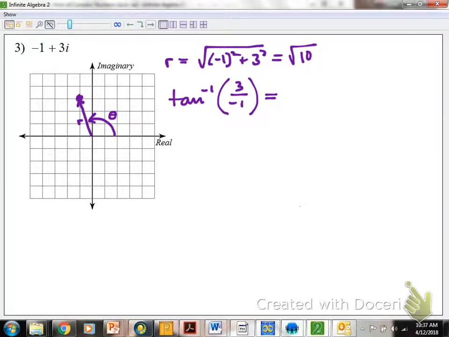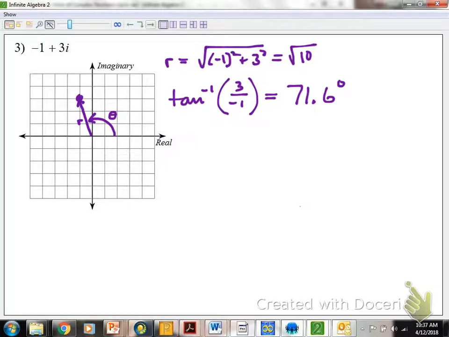Let's keep our answers to the 10th place in degrees. Make sure your calculators are in degree mode. What do we get? 71.6 degrees.